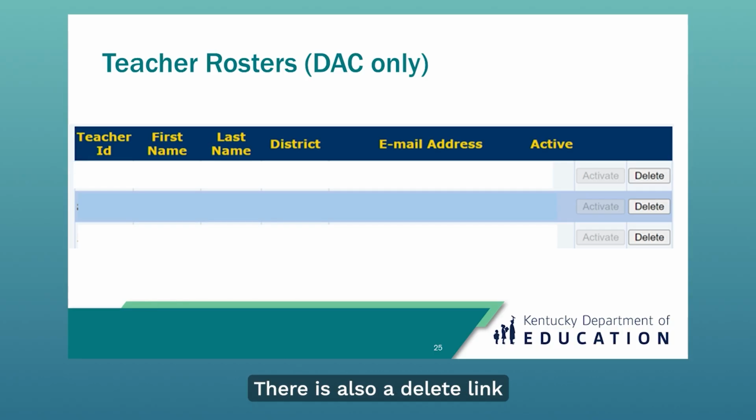There is also a delete link that the DAC can use to delete any teachers who should not be listed in the CRD. This includes teachers who have moved out of district or retired, as well as teachers who do not have students identified as pursuing the career readiness component. If DACs do not wish for teachers to enter data, they must communicate this to the teacher directly.